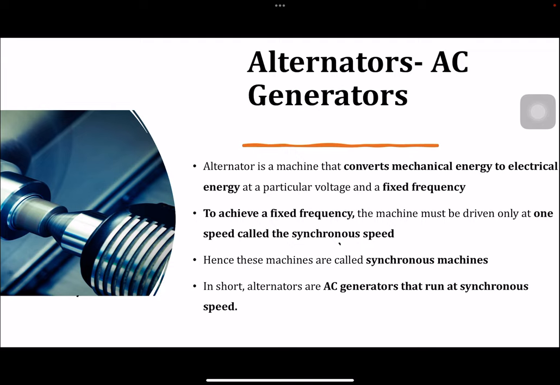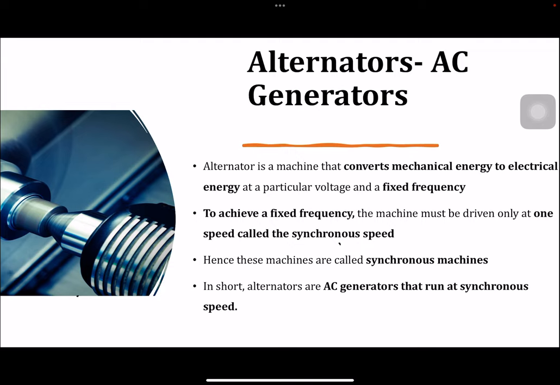And we need to know some equation to find the synchronous speed, right? If we need to generate a voltage at a frequency of 50 Hz using an AC generator, we have to find the speed with which it should be rotated to generate that particular frequency voltage.